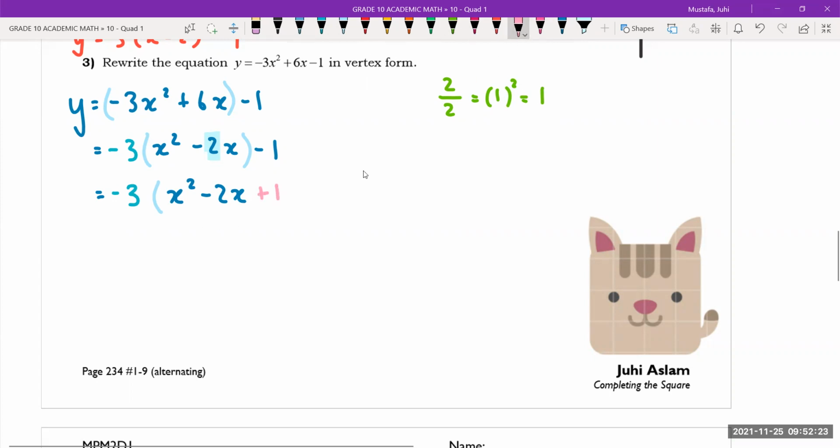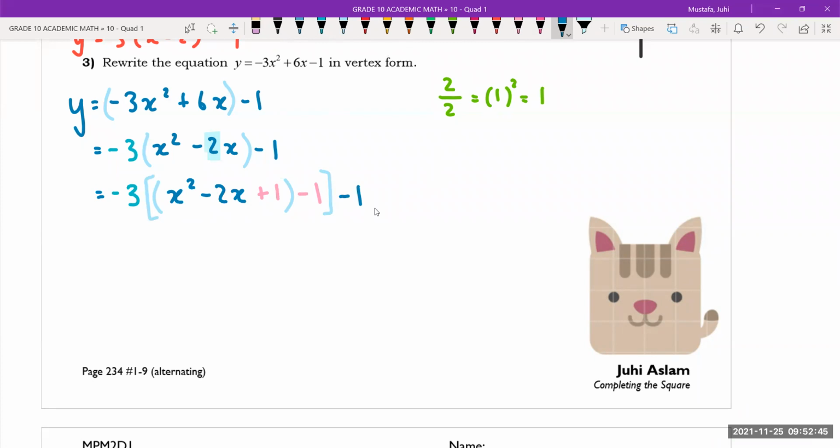So first I'll add it over here. And then I will subtract it right after. And I'll just make sure to keep square brackets around all of this stuff to remind me to distribute this negative 3 after. It's a little confusing because the last term's a negative 1 too. So I have like positive 1, negative 1, negative 1.